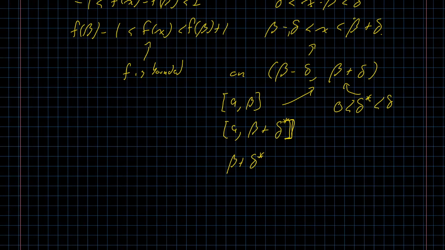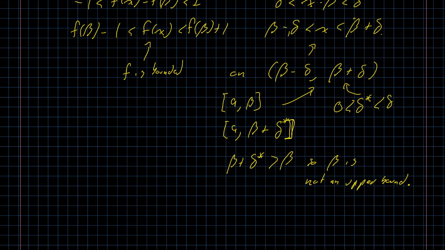I can use symbols. Beta plus delta here is bigger than beta. We said that beta was the upper bound.